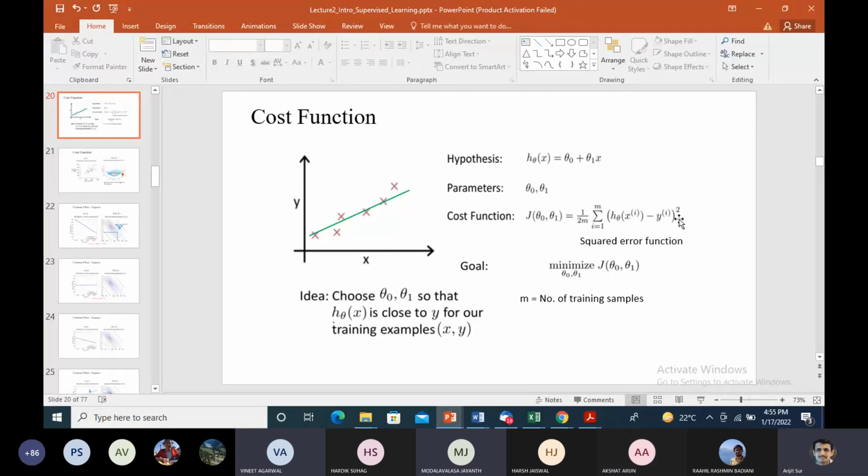So 2m is basically 1 by m. People can ask why 2, but this is just a bare normalization. It will not change anything. But overall it is a kind of average: m number of points we are adding, so divide by m.